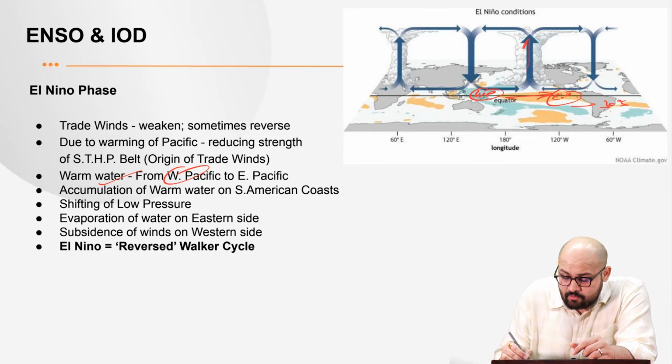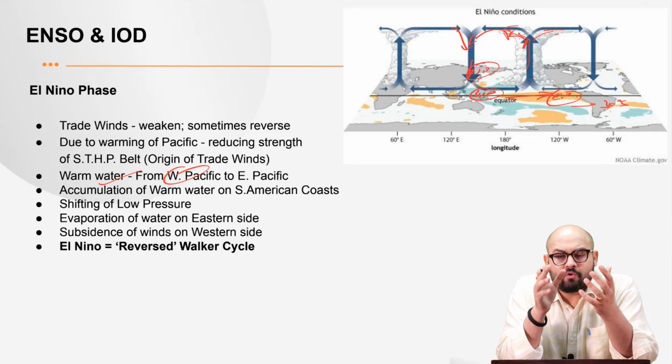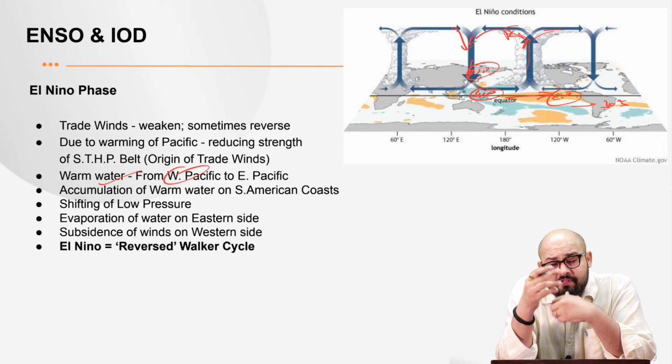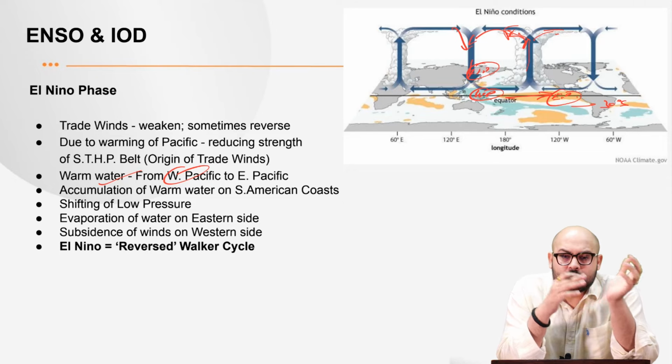Now this would again go up and there would be divergence in different directions, different branches, and again there would be subsidence here, subsidence on the high, and would lead to the creation of high pressure conditions on the Western Pacific. So it is nothing but the opposite of what happened in the neutral and the La Nina phase.